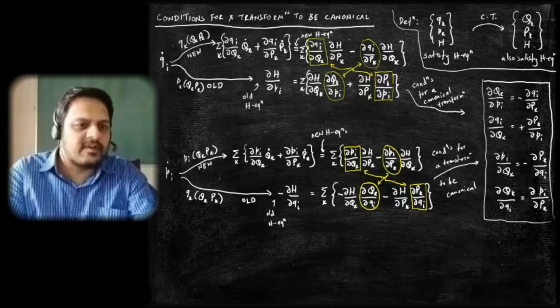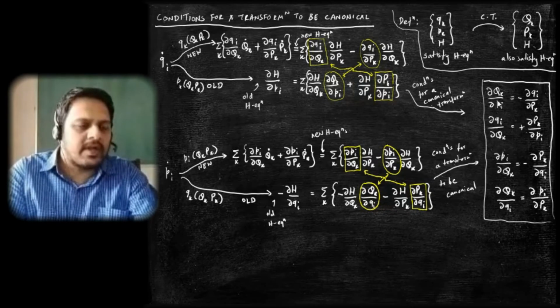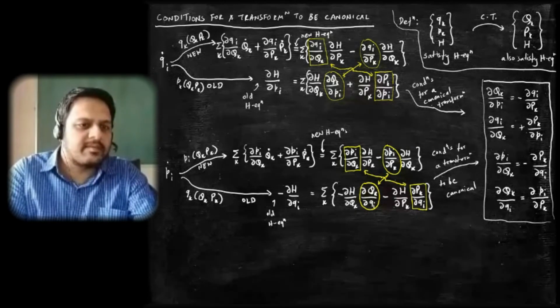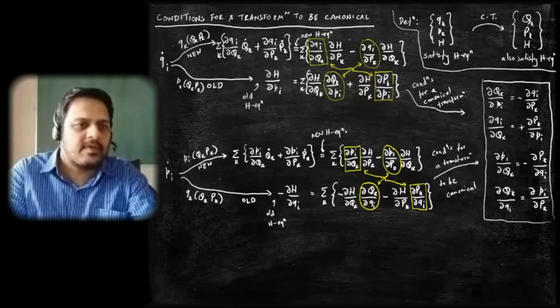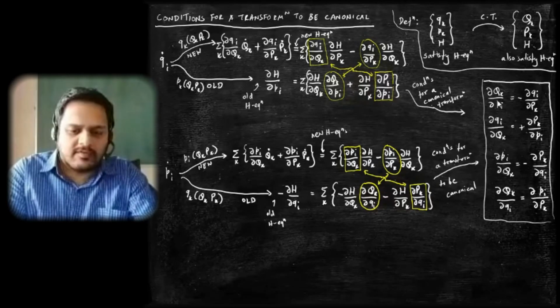We'll come to this in a moment, and we'll try to write down these conditions in a more compact form. So we'll come to that. Okay. Just now, let us move forward.